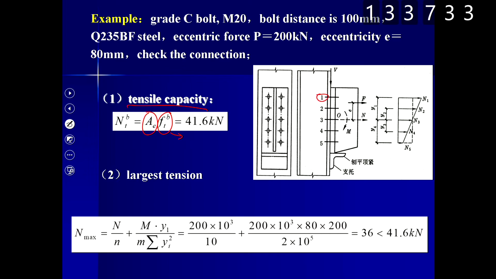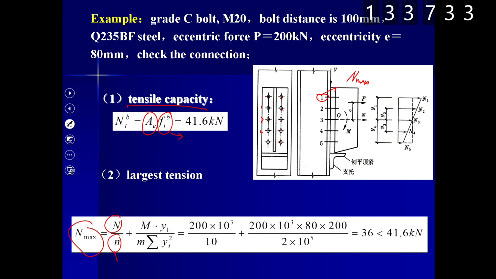We analyze the first bolt, it will be dangerous, right? And now we calculate the maximum normal stress in this one. This one will correspond to the maximum normal stress. So the N equals 200 kilonewtons. Here you can find 1, 2, 3, 4, 5, 6, 7, 8, 9, 10 bolts right here.